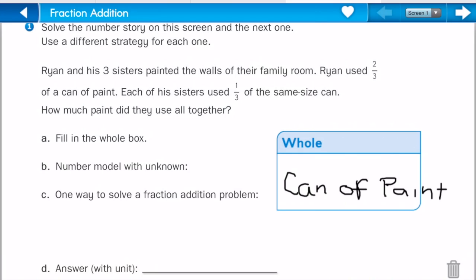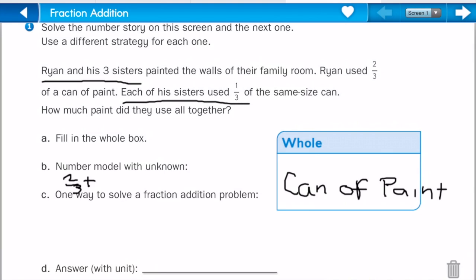Now, let's think about a number model with the unknown. So Ryan and his three sisters, so there's 4 different people. Ryan used 2/3 of a can of paint, so we're going to go ahead and write 2/3 plus each of his sisters used 1/3.